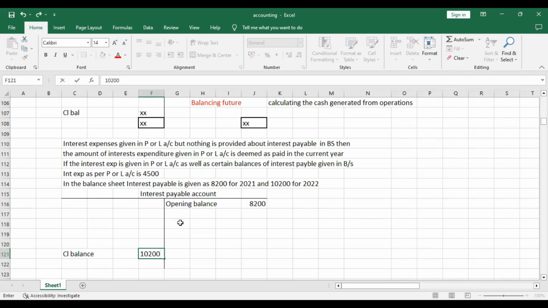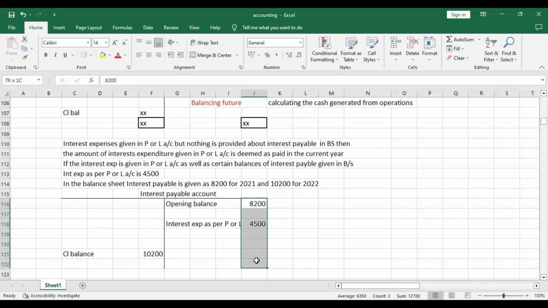Then interest expenditure as per P&L account. How much is given to you? Interest expense in P&L account of 4,500. Now you can find out how much will be the interest paid.